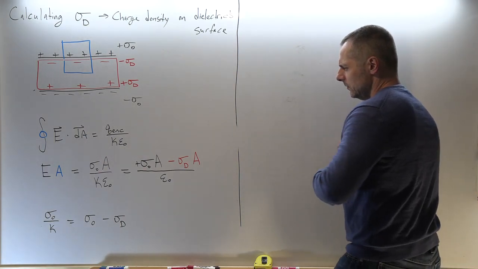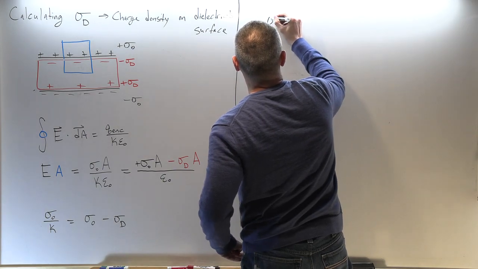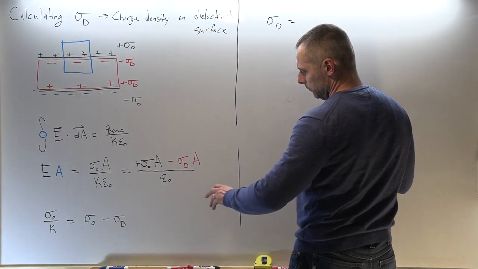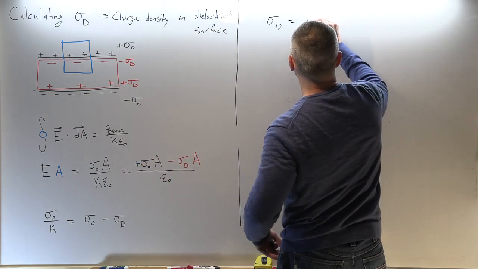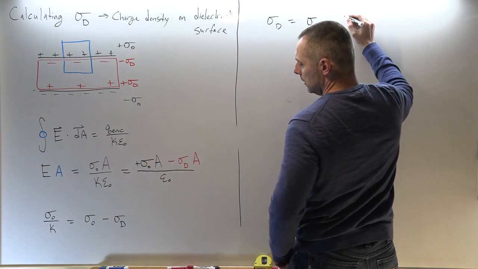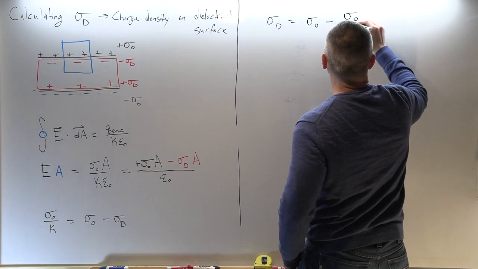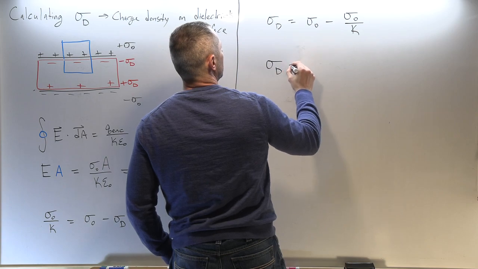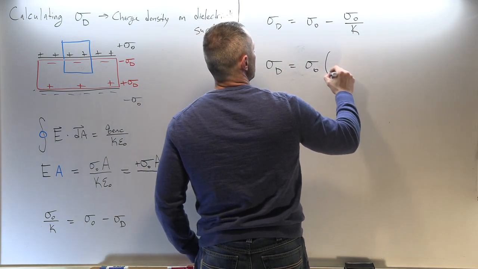Okay, so sigma dielectric equals, what was it? Move that to the other side, and I got sigma 0 minus sigma 0 over kappa. If I take sigma 0 out, I have the expression like this.